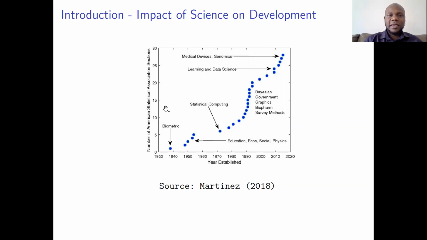As we have an increase in the number of these sections from 0 to slightly above 5, we see an important breakthrough of statistical computing around the 1970s. As we see growth in these sections, or the growth in the number of statisticians, who are scientists as well, because statistics is a science as well, we actually see this boom around 2010 of machine learning and data science.